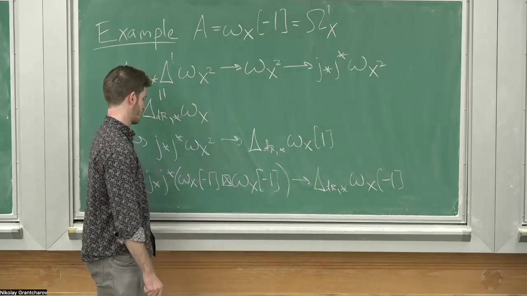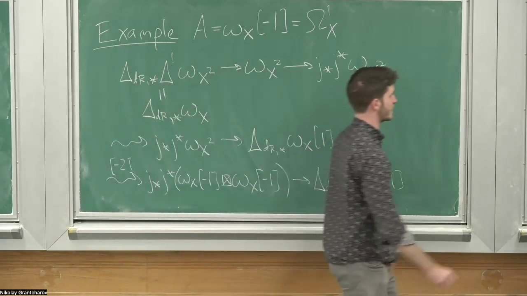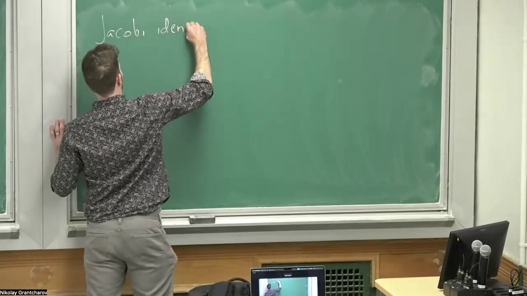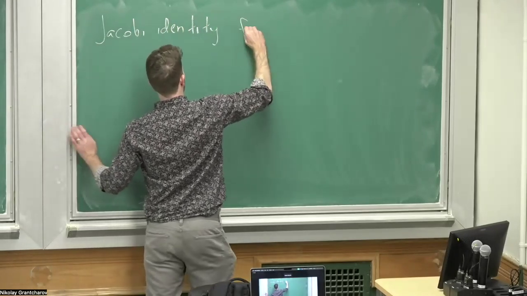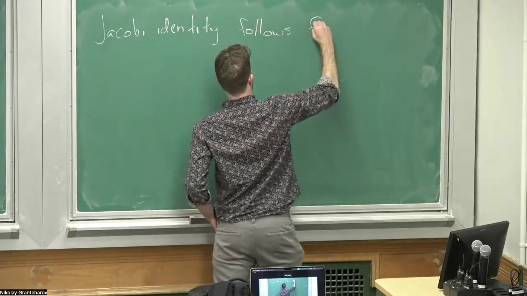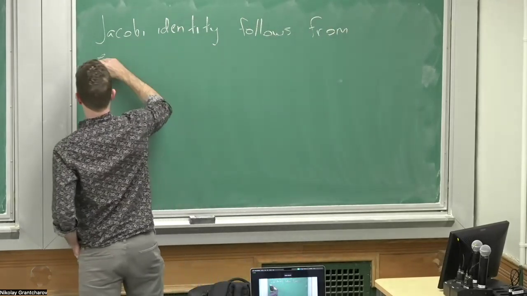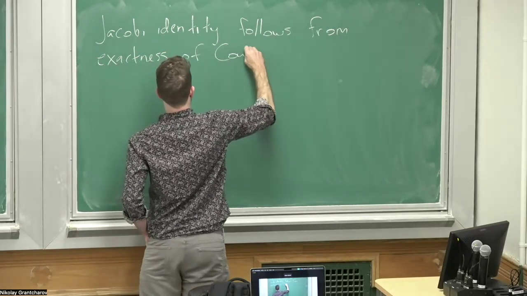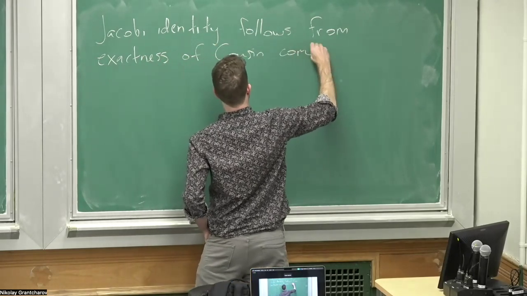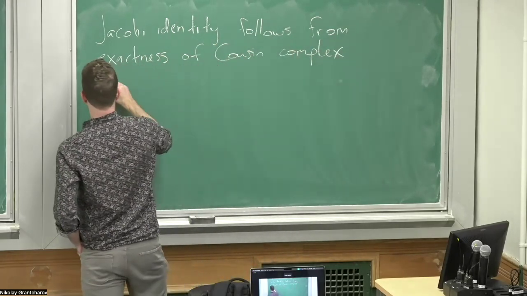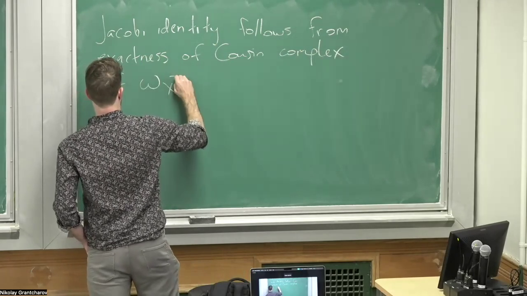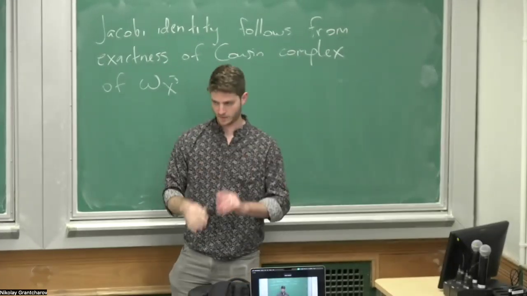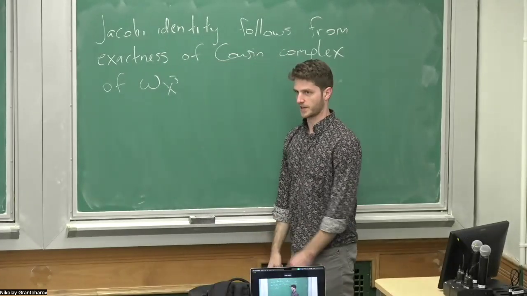And then the Jacobi identity follows from exactness of the Cousin resolution, or Cousin complex, of omega of X cubed with respect to the incidence varieties inside of X cubed.